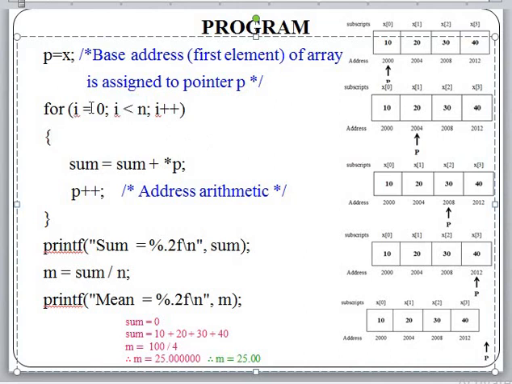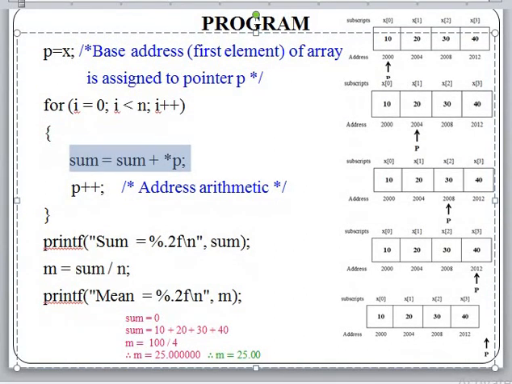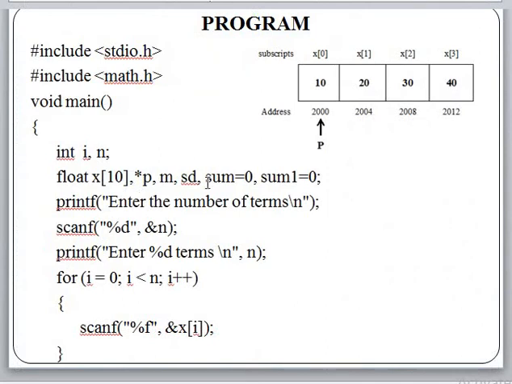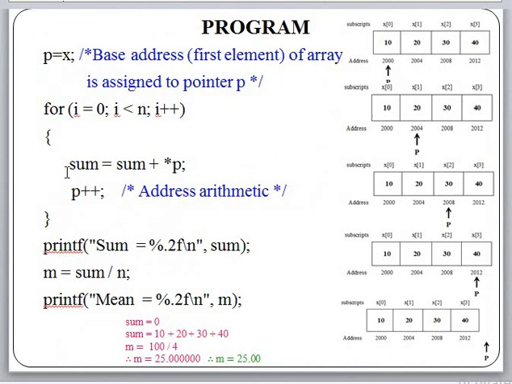Now when we go for i equal to 0, 0 is less than 4, the condition is true, so it will go for summation of sum plus star p. In our program we already initialized the sum value, sum equal to 0. So sum equals 0 plus star p.